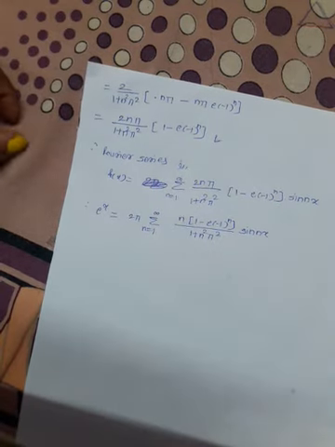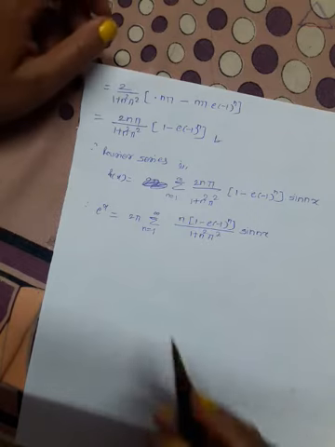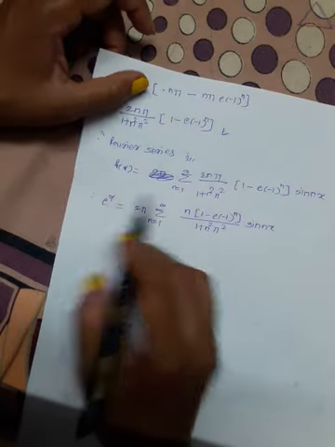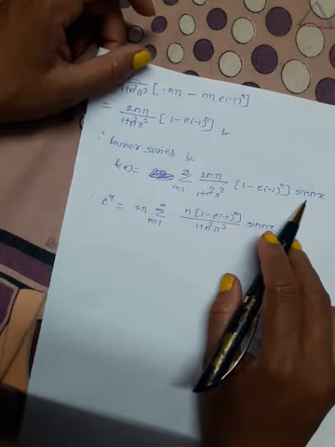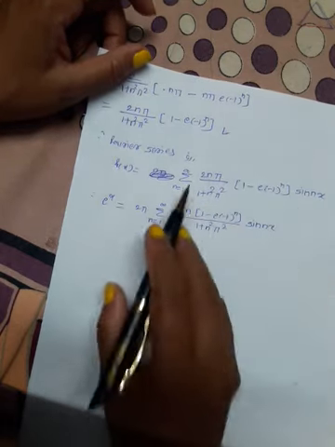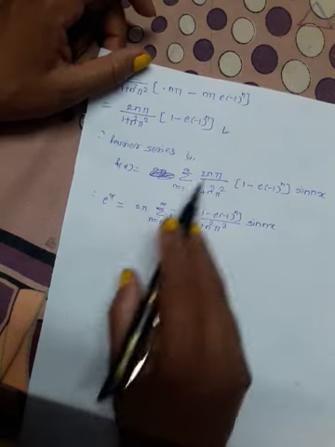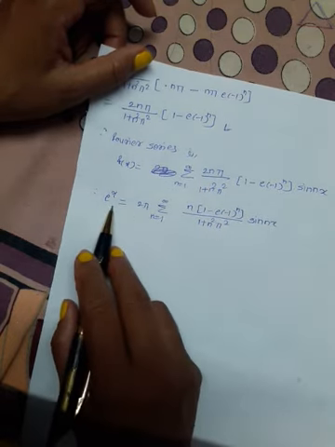Therefore the final answer for the Fourier sine series is given by this summation. This is bn and this is sin nx. Take 2 pi common outside, a constant outside the summation. f(x) value is e raised to x.